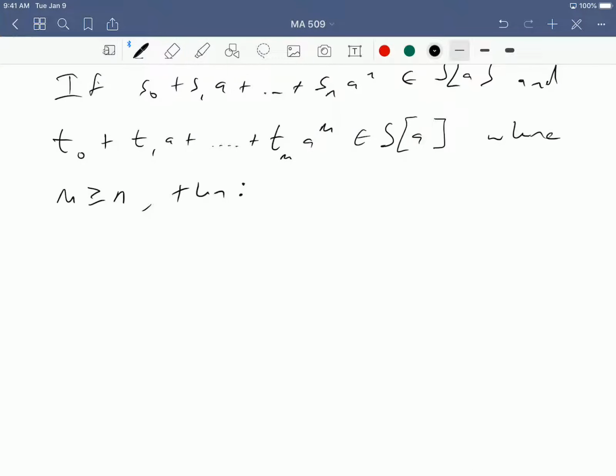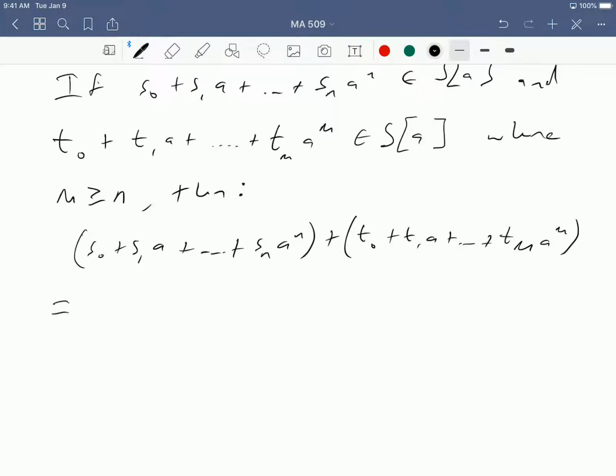So I'm going to take those two things and add them together, and I want to know when I add, which one has the higher power in the final term, right? So I'm going to take S0 plus S1A all the way up to Sn a to the n and add on T0 plus T1A, dot dot dot, up to Tm a to the m. And when I do that, I'm going to combine like terms, the way we're used to.